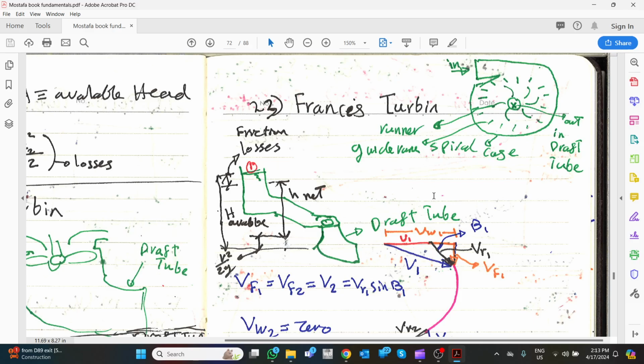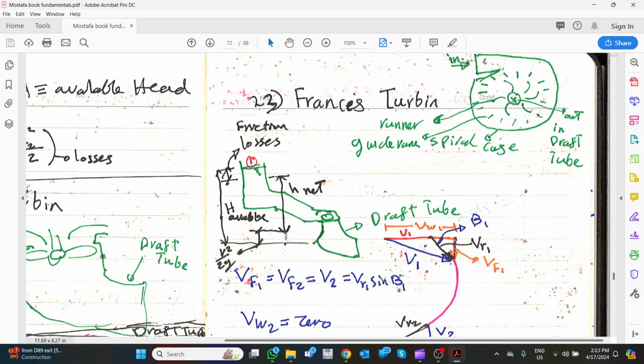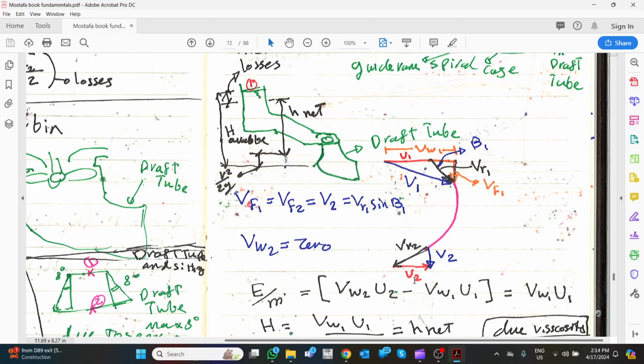It's not like in the Pelton turbine, where the radius is almost the same. No, this radius and this radius are very near to the axis, which means it is different. So u here is different than u here for a certain rotation speed. So we will have here u1 and here u2.